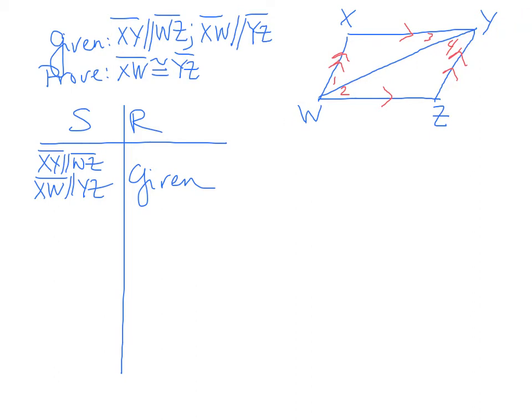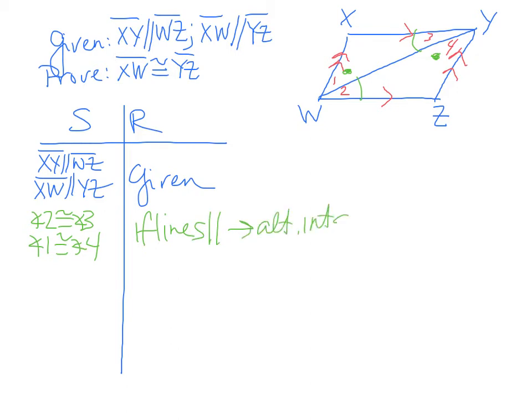So what I'm going to say here is, given this, I know that angle 2 is congruent to angle 3 and angle 1 is congruent to angle 4. Right? So these angles are congruent. And I'm going to mark them in a different color so I know that that's something that I proved. And the reason is that if lines are parallel, then alternate interior angles are congruent.